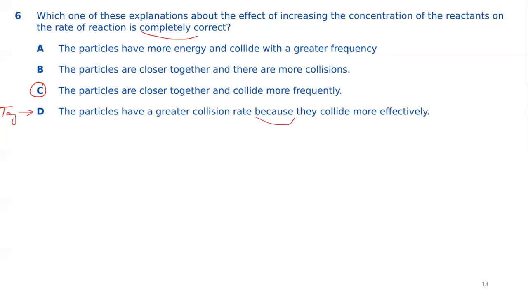Oh, okay, so D is correct already. So you see here C, it's closer, yeah? Higher concentration means the particles are closer and they collide more frequently. Is that correct? Yeah, that's correct.